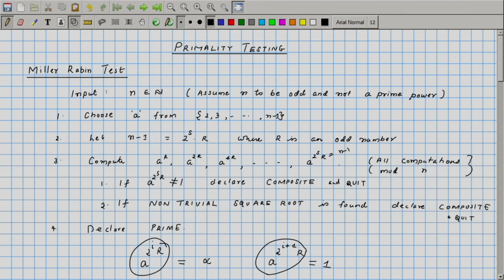So, n was actually not prime, but just because the A that we chose passed these tests, we would incorrectly declare the number n as prime. So, we want to count the number of false witnesses, and we want to say that they form a very small set. That would also mean that the other elements, which would correctly testify that the number is composite, are a large collection. We will show that at least 50% of the numbers will correctly identify the number to be composite.